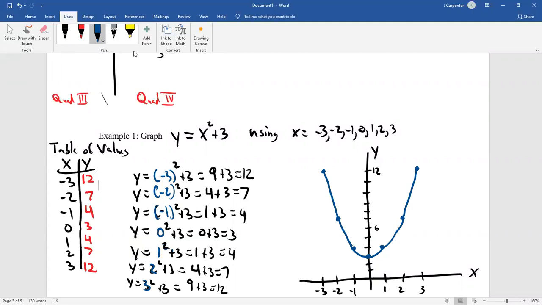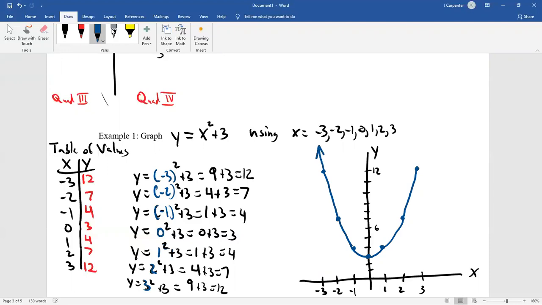With a tablet, I can't look at while I write. But this is not how I would like an answer, because this makes me think it's only true from -3 to +3 in terms of the x values. This pattern persists forever unless you're told otherwise. So I like to extend past these points a little. That was not the best extension. Let's try better. Try harder. There we go.